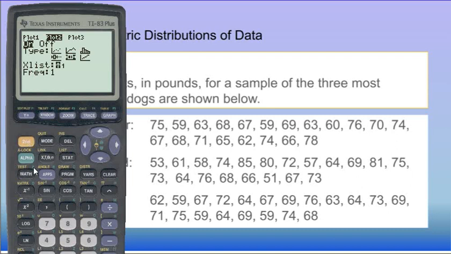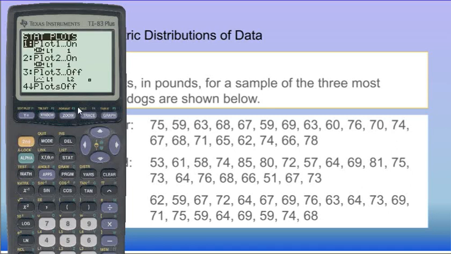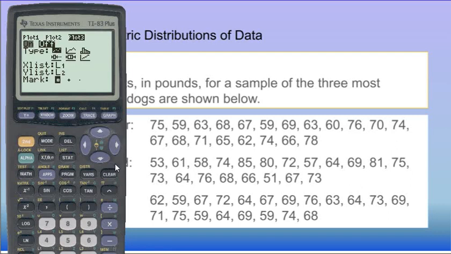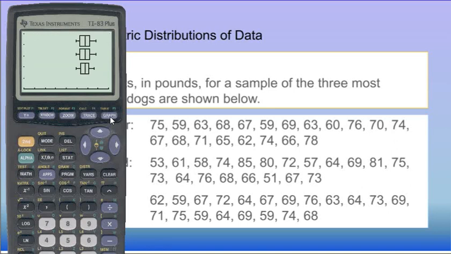So I hit second, put L2 in there, and then go to second, y equals, turn the third plot on, hit enter, go down, hit enter, change this one to L3, so second, 3. Now if I hit graph, I can see all three on here. I can compare them.